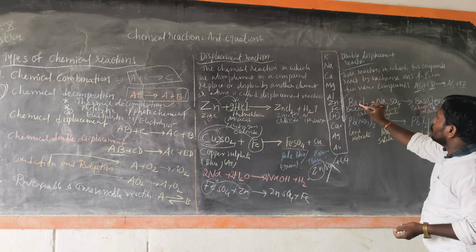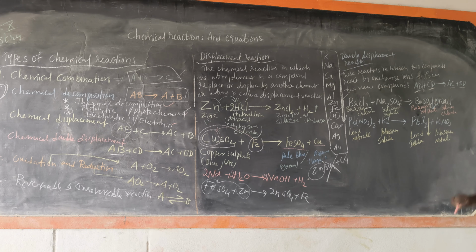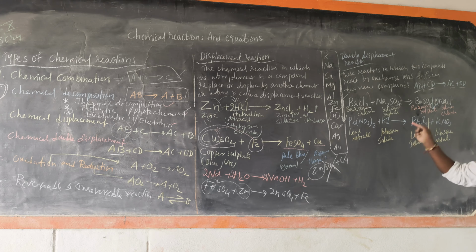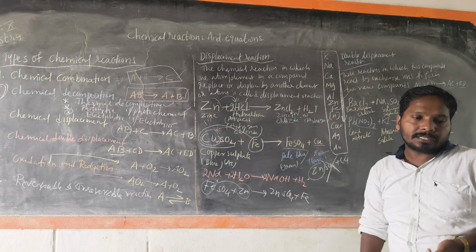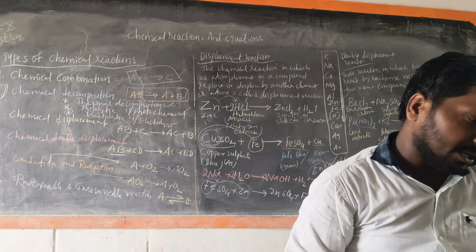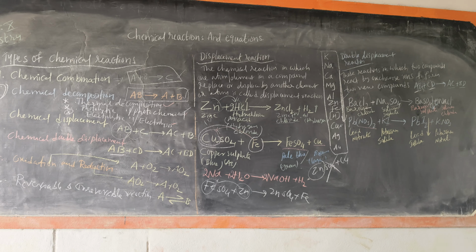Here in place of chloride we observe sulfate. Here in place of sulfate we observe chloride. So chloride and sulfate are both displaced. Here nitrate and iodide are both displaced. Such kind of reactions are called double displacement reactions. Here a yellow precipitate is formed, here a white precipitate is formed.